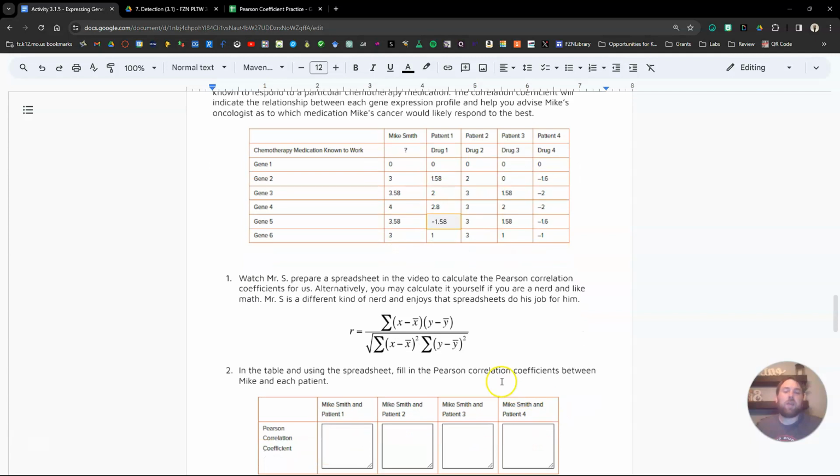In this first step, I show you an equation for you to be able to calculate your own Pearson correlation coefficient. Certainly try it if you like, but instead I'm going to prepare a spreadsheet for us and allow you to see how Google Sheets and Microsoft Excel can do this for you without you having to lift a finger. Literally, you're going to type in some numbers and be done.